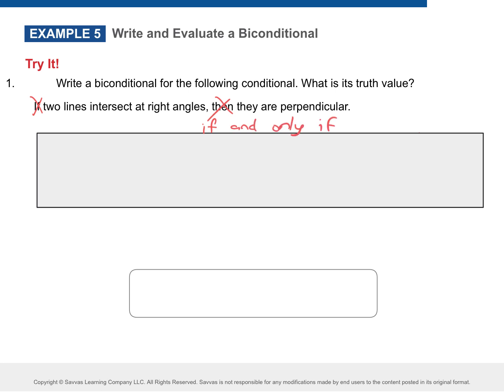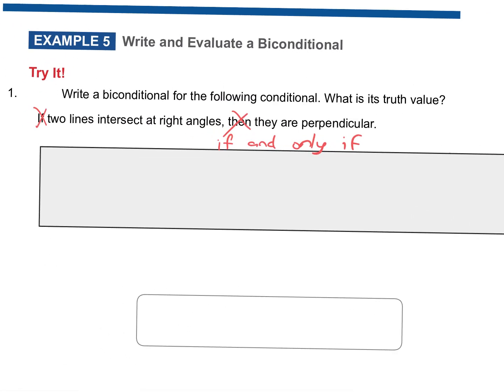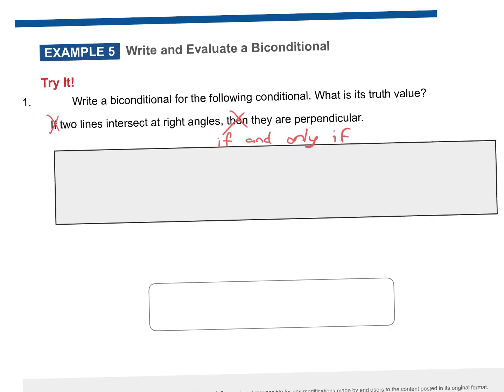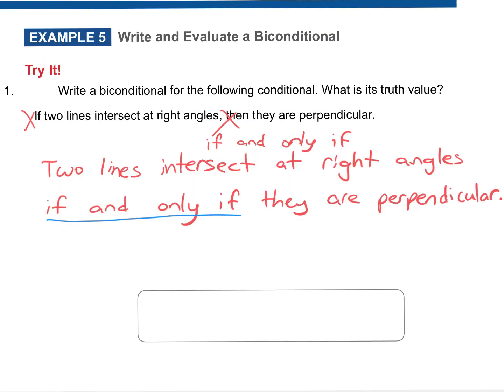So what you should have when you rewrite it, two lines intersect at right angles, if and only if they are perpendicular. So we took our original if-then statement and turned it into a biconditional statement. Again, you take out the if and the then, and then you throw in if and only if.